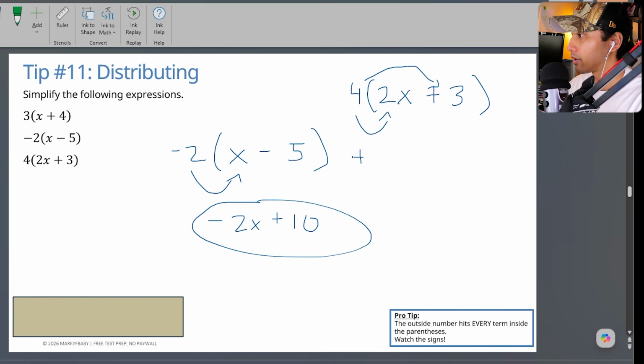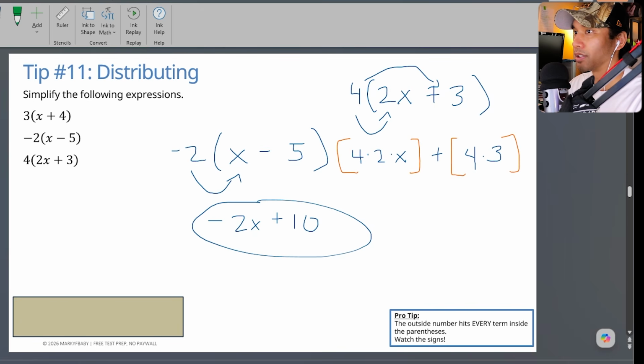It goes 4 times 2, and then remember, it's like times x, plus 4 times 3. And I'll just bracket it for you guys so you could see what's exactly happening. Then you could just use PEMDAS, right? And then just multiply what's in the brackets. And then you get 8x, right? Plus 12. There you go.